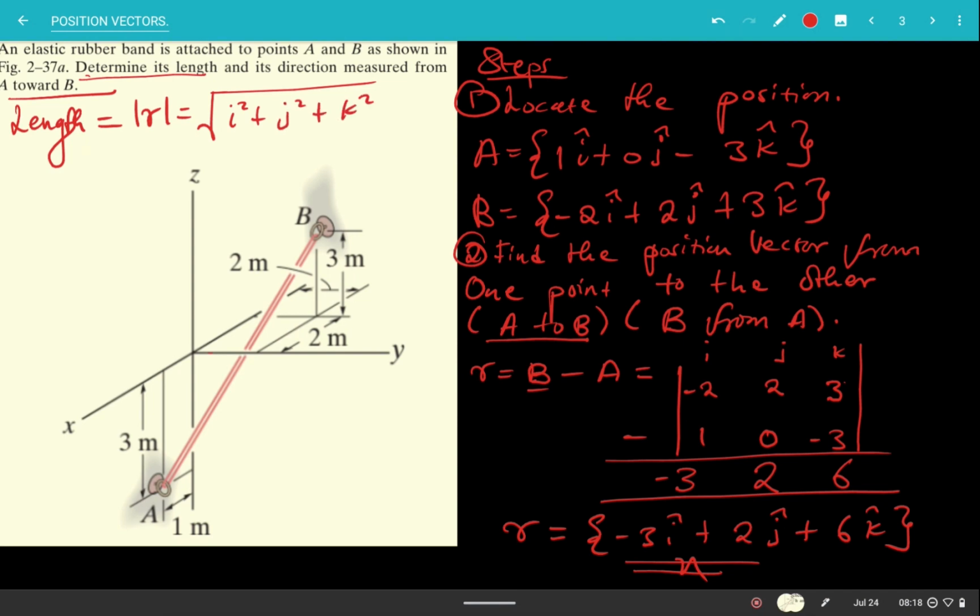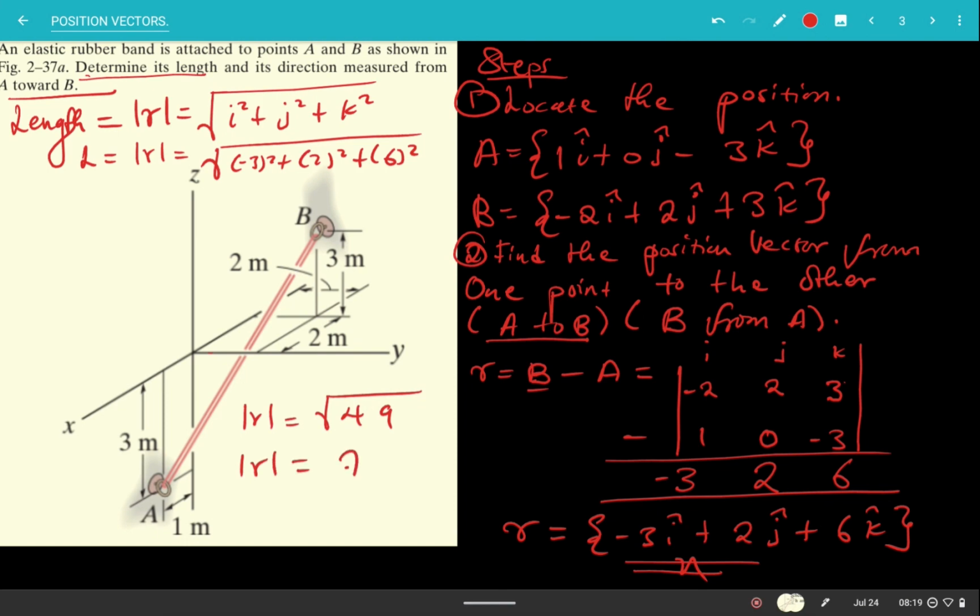So the length which we're interested in, the absolute form of R, the position vector, is equal to, if I square all these values, minus 3 squared plus 2 squared plus 6 squared, which gives 49. If you root 49, you will get 7. So 7 is simply the length of this rubber band in question.